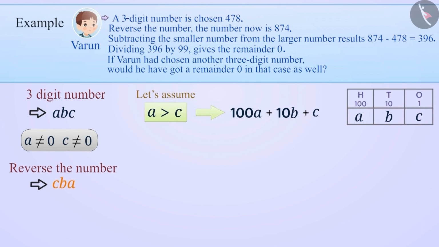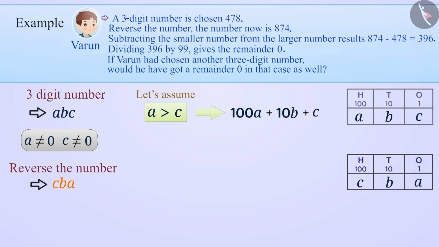In this way, C is now at the hundreds place, B at the tens place, and A in the units place. We can write it as 100C plus 10B plus A. Since A is greater than C, ABC is greater than CBA.